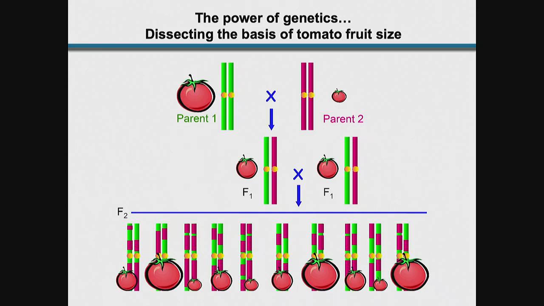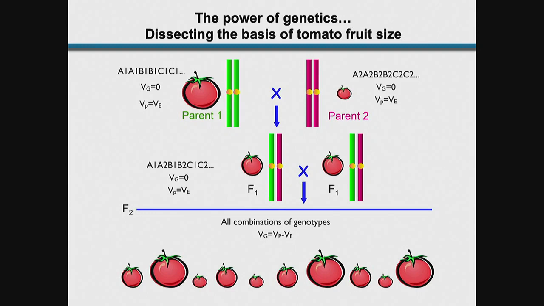We want to grow these plants to maturity. We want to measure the fruit weight on each. We want to isolate the DNA and determine its genotype. And we want to do that at a set of marker loci distributed across the chromosomes, as many marker loci as we can, in order to find the marker loci that might be linked to our trait of interest, which in this case is fruit size, all right?